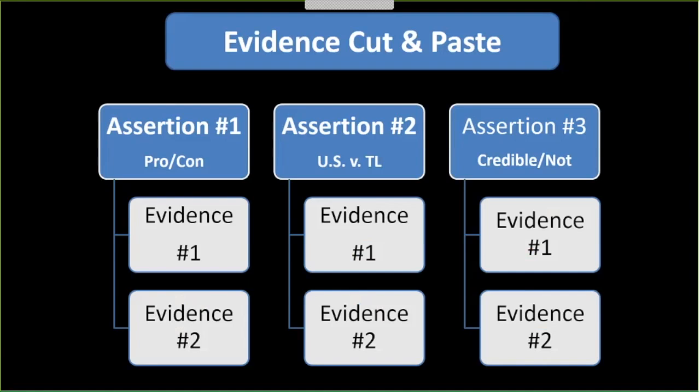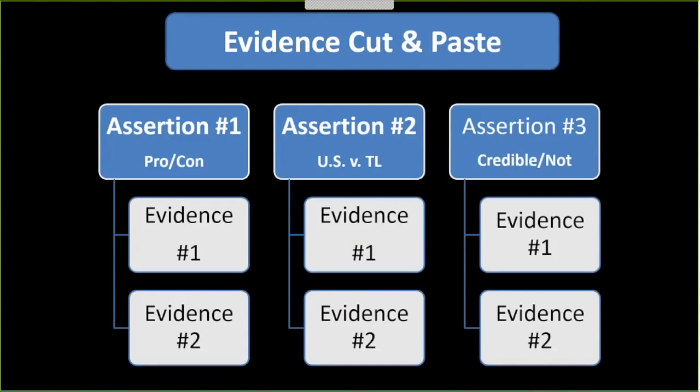Evidence cut and paste is an opportunity for them to go through the text and find evidence of assertions that you give them. So these might be different talking points. Some might be true, some might be false, some might be just controversial statements about the topic. And students are looking to find evidence in the text that supports whatever you've done.